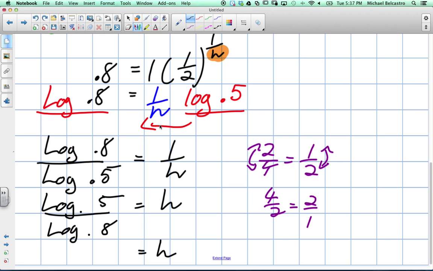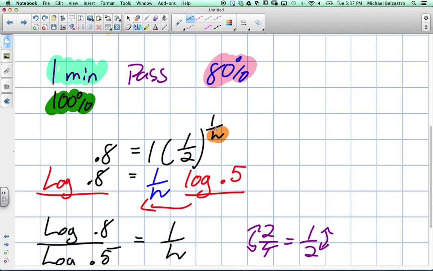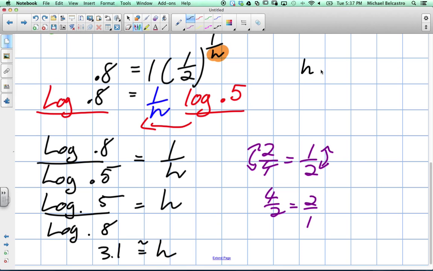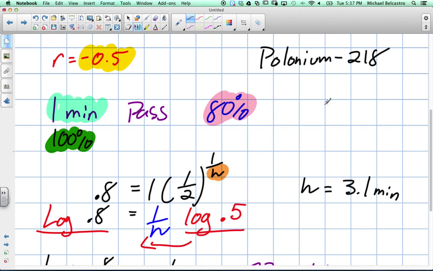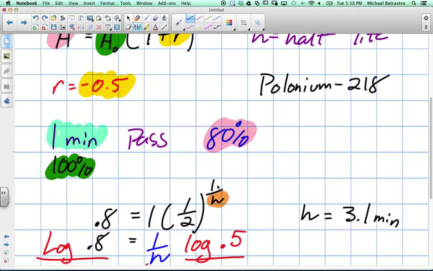We'll round it, approximately 3.1. In other words, because we're in the same unit as we put into t, our h, or half-life, takes about 3.1 minutes in this case. If we plugged in 3.1 above, we would discover that we'd be at 50% when we go through this entire process.